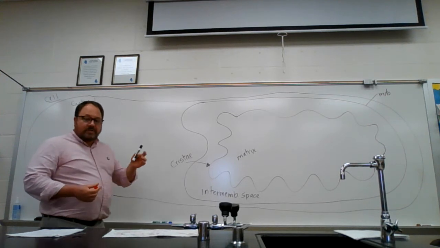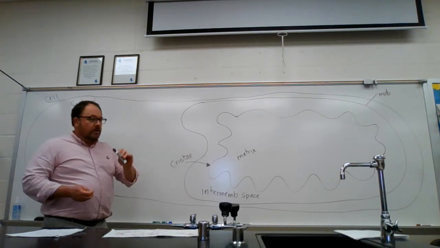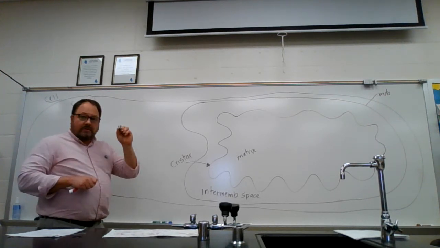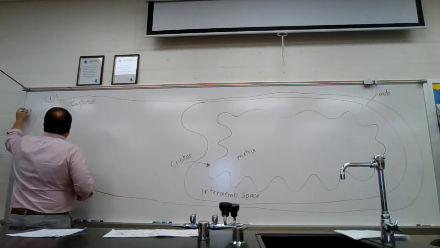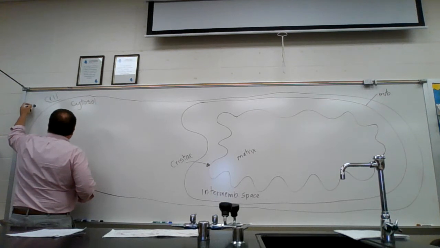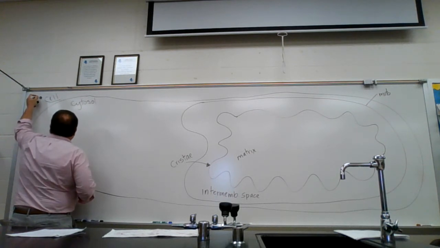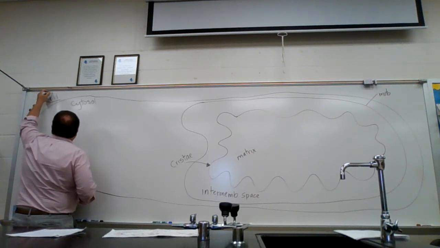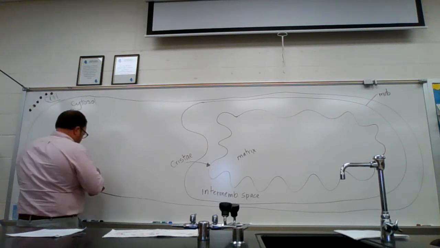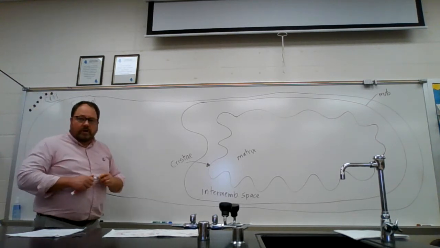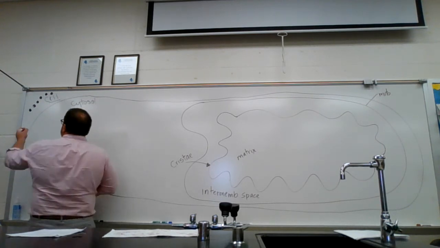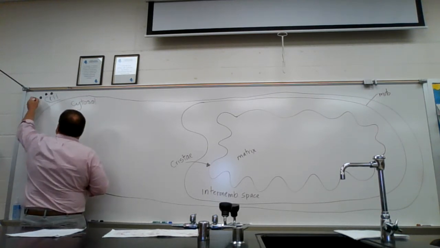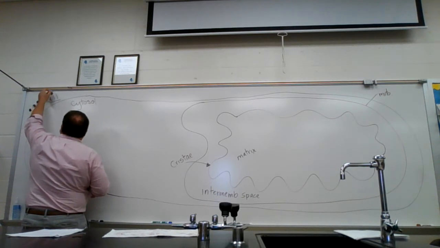Now, the way I'm going to represent glucose, I'm going to use the black marker to make some dots to represent the carbon atoms. 2, 3, 4, 5, 6. So I've got 6 carbon glucose. And then I'm going to draw red between them to sort of symbolize the energy in the bonds.